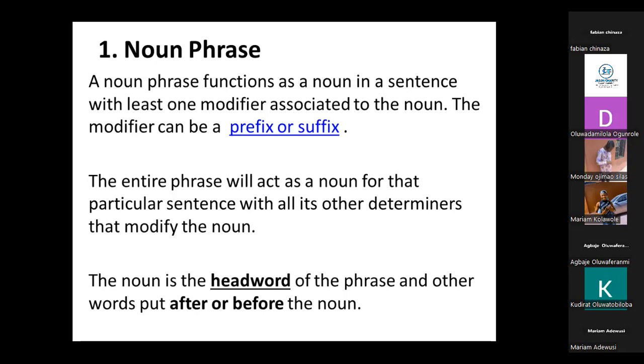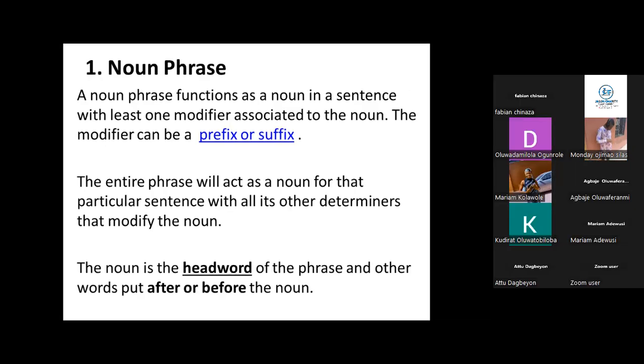It may have a non-finite verb. It may have a gerund in it. It may have a verb in the to-infinitive, but it will not have a modifiable verb in it.